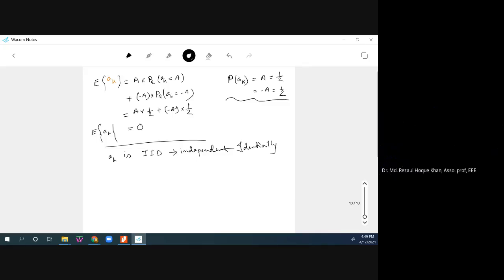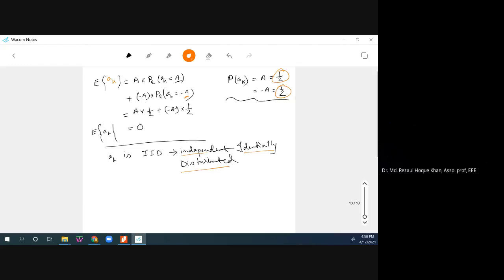They're independent. It's a two-probability case: either it can be plus A or it can be minus A. So it's independent, but it has an identical distribution. What is the identical distribution? A distribution of half.